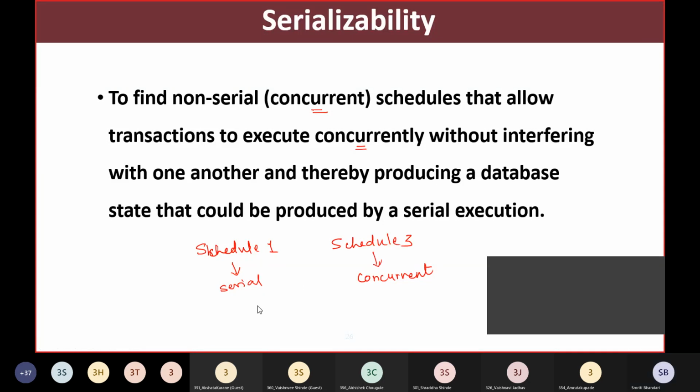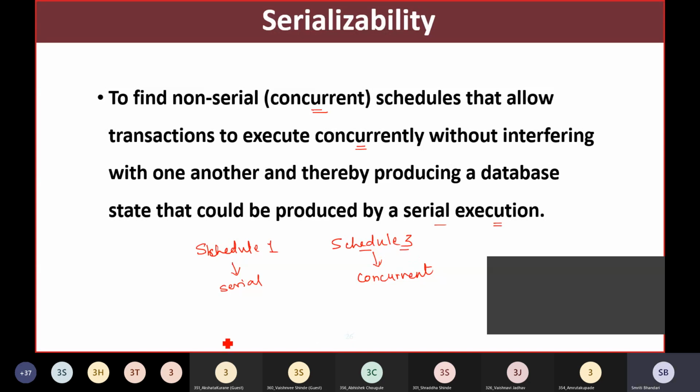Serializability means to find the non-serial or concurrent schedules that allow transactions to execute concurrently without interfering with one another and thereby producing a database state that could be produced by a serial execution.